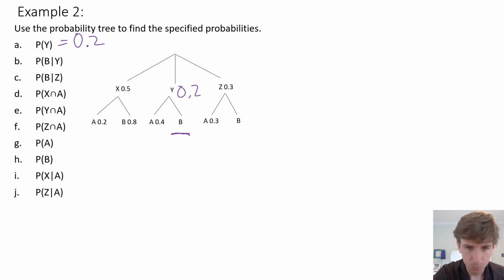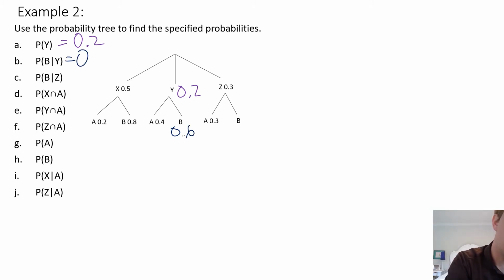We're not, because we know every break in the branch needs to add up to 1. Here we know that A is 0.4, so B is going to have to be 0.6, just 1 minus 0.4.